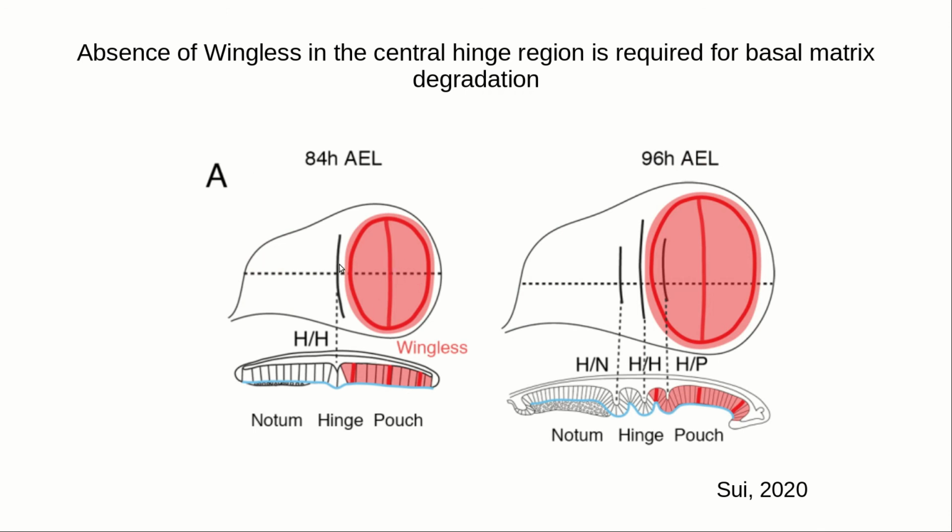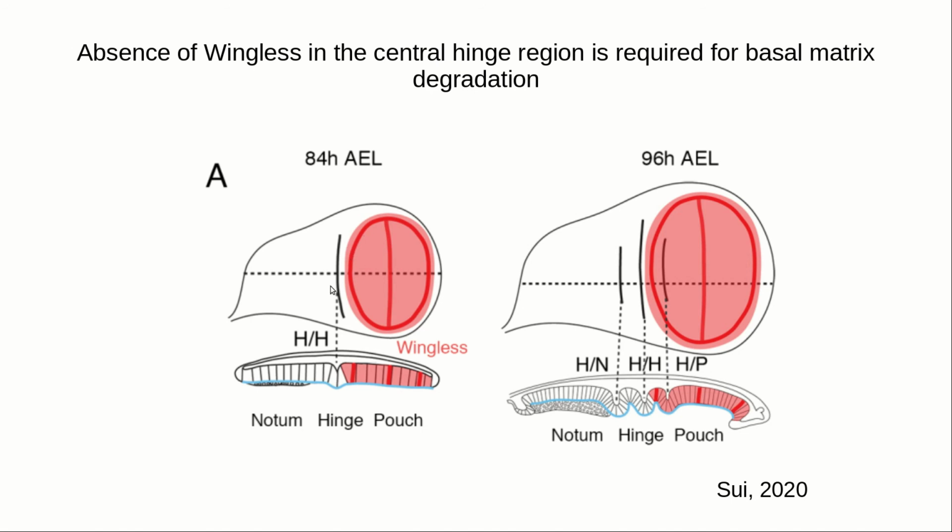Finally, what is regulating the place of the folding, of this degradation? Well, wingless expression is basically in the dorsoventral boundary, and also in the boundary between the pouch and the hinge part.